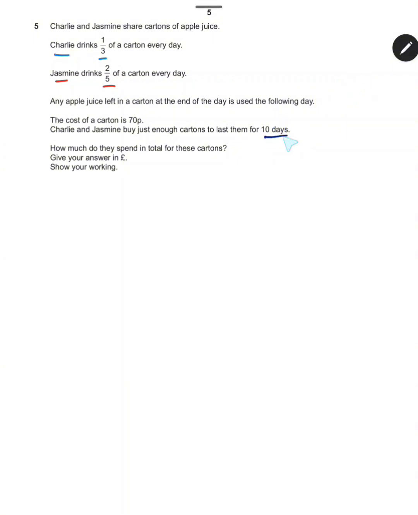I think what I'm going to do first is figure out how much juice they need for 10 days, or how many cartons. If Charlie drinks a third and Jasmine drinks 2/5, if we add those together, we can figure out how much juice they drink between them each day. To add fractions, we need common denominators. So 3 times 5 is 15, and we're going to work in 15ths.